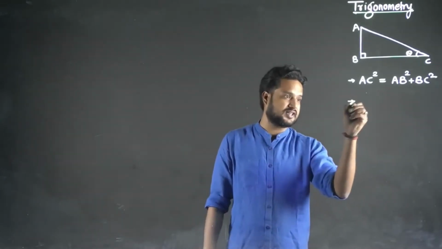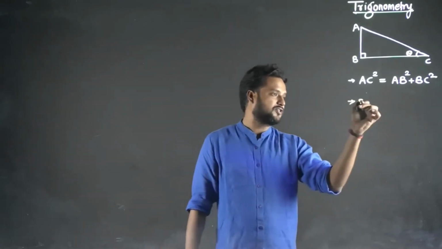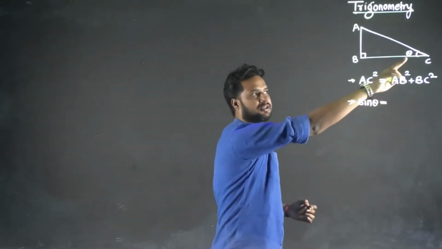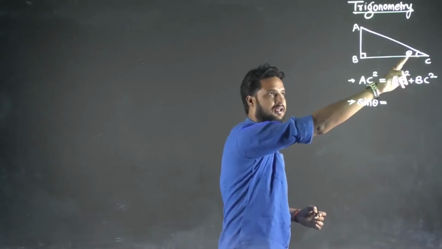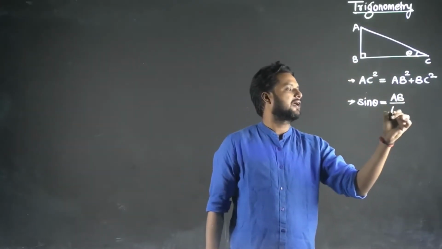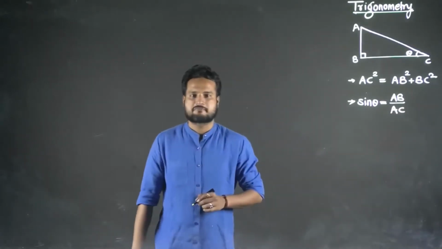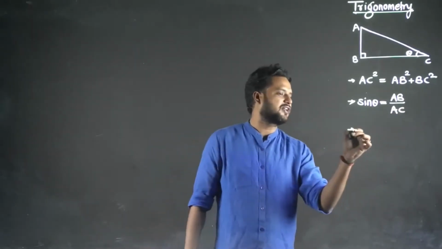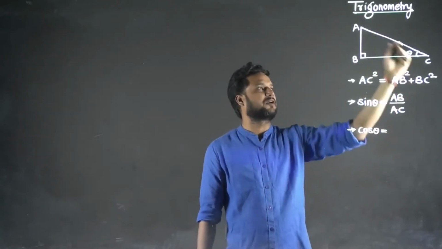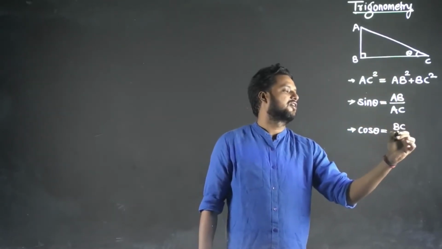Now there are 6 trigonometric ratios, first of which is sine theta. Sine of this particular angle is the opposite side AB divided by the hypotenuse, which is AC. Similarly, cos theta is the adjacent side divided by the hypotenuse, so it is BC divided by AC.